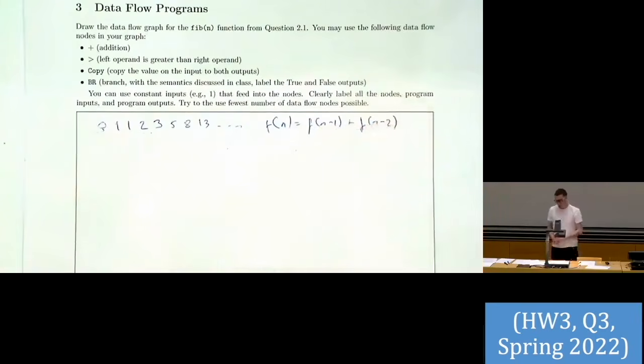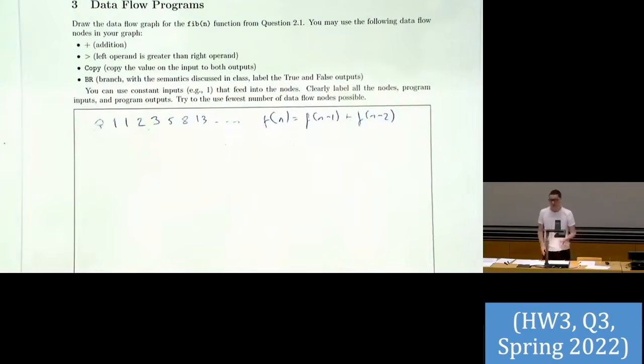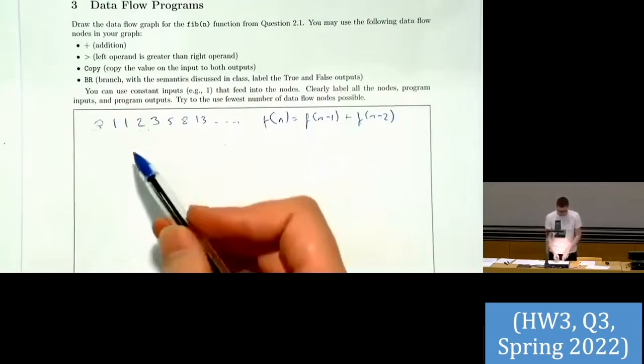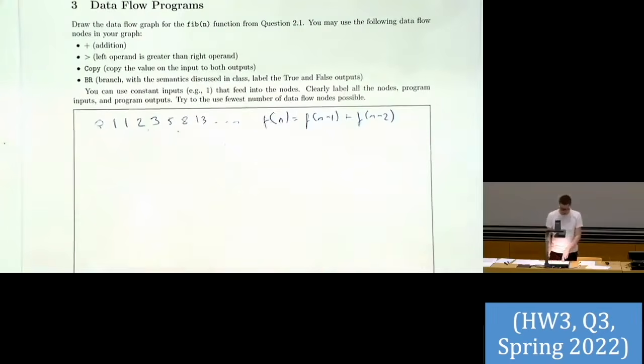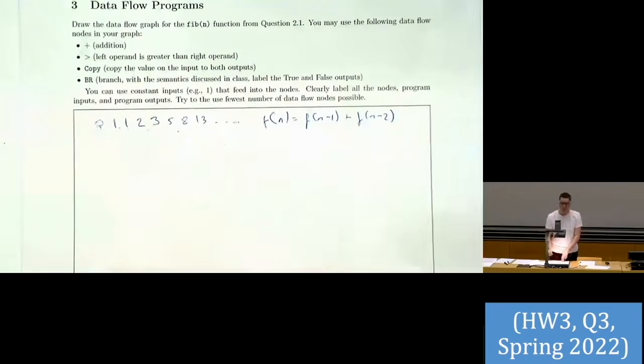You can implement this in a recursive manner, but it is, I guess, more difficult in data flow. The iterative version is, I guess, easier, where you will basically do it as I showed here. Start with 0 and 1, and then the next number is the sum of the previous two numbers.